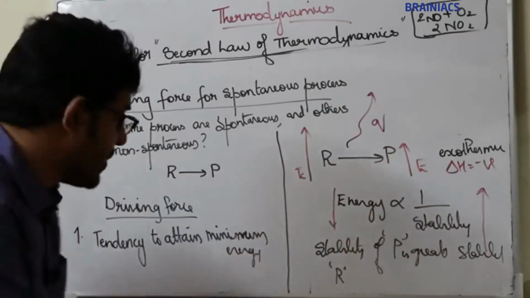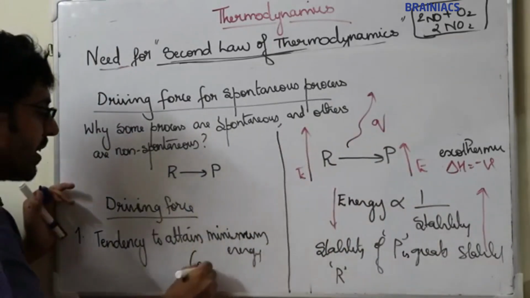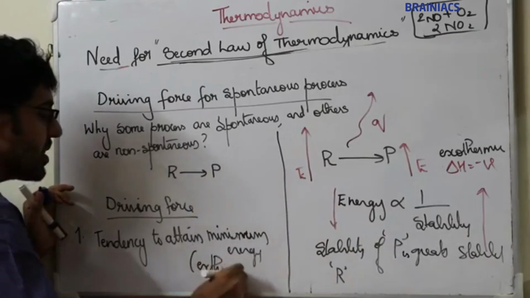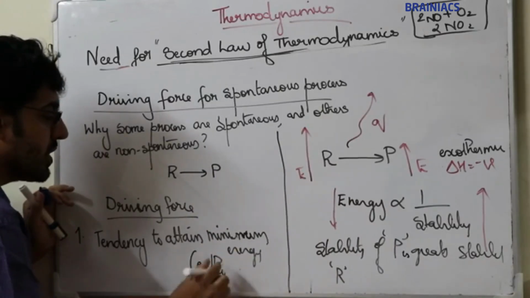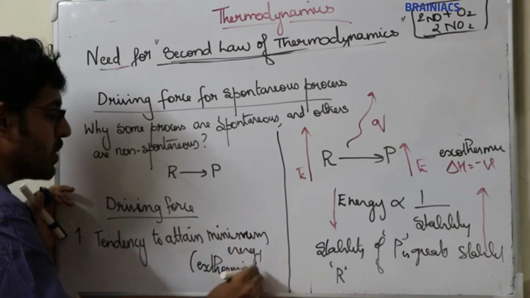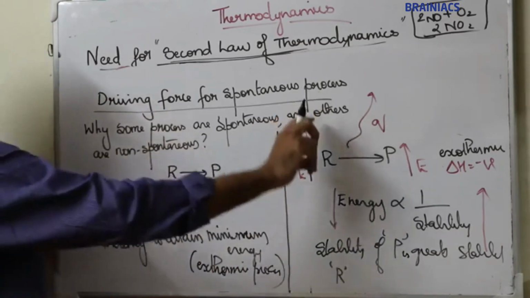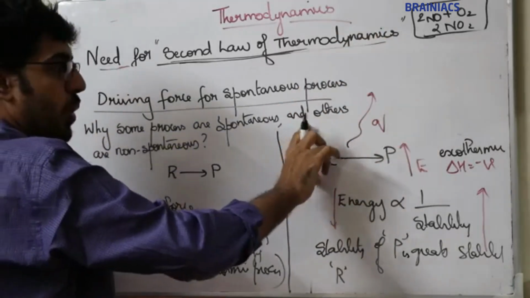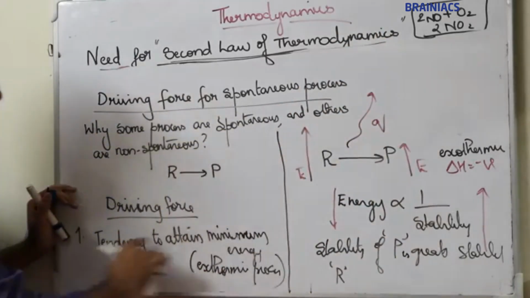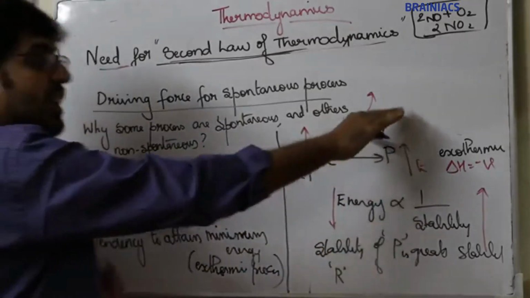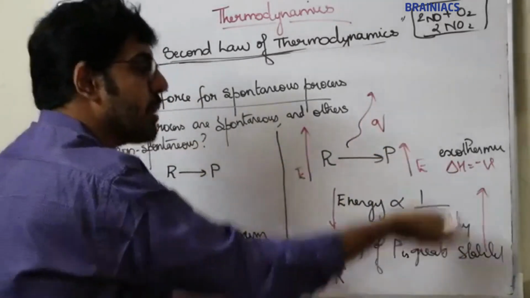So during an exothermic process, energy is liberated, so the energy of product is less than the energy of reactant, hence the tendency to attain minimum energy. As energy decreases, stability increases.